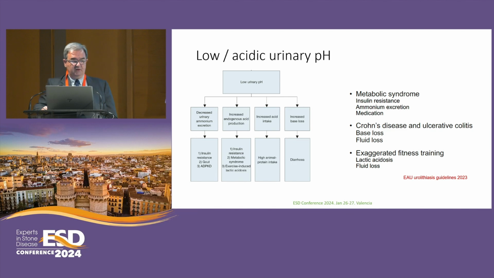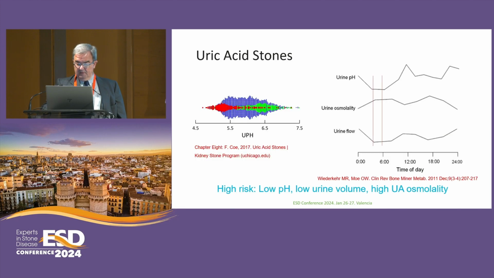We all know also the causes of acidic urinary pH, that are basically metabolic syndrome, inflammatory bowel diseases, and exaggerated fitness training, leading to lactic acidosis or fluid loss. Okay, we know also that in conditions of low urine pH, low urine volume, and high urine osmolality, we have a high risk for uric acid formation.